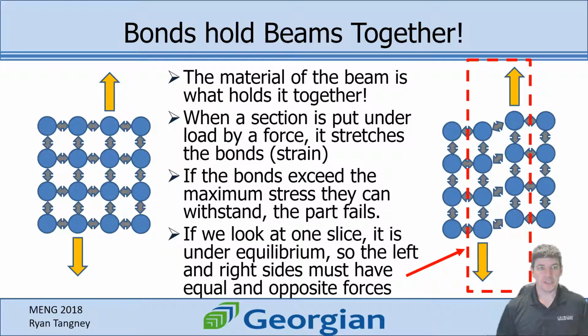Whenever we put a section under load, so for instance on the left-hand side we put some sort of shearing load, an up and down force on that section of atoms, we're going to create a little bit of a stretch. And if that stretch continues, we may break that bond.